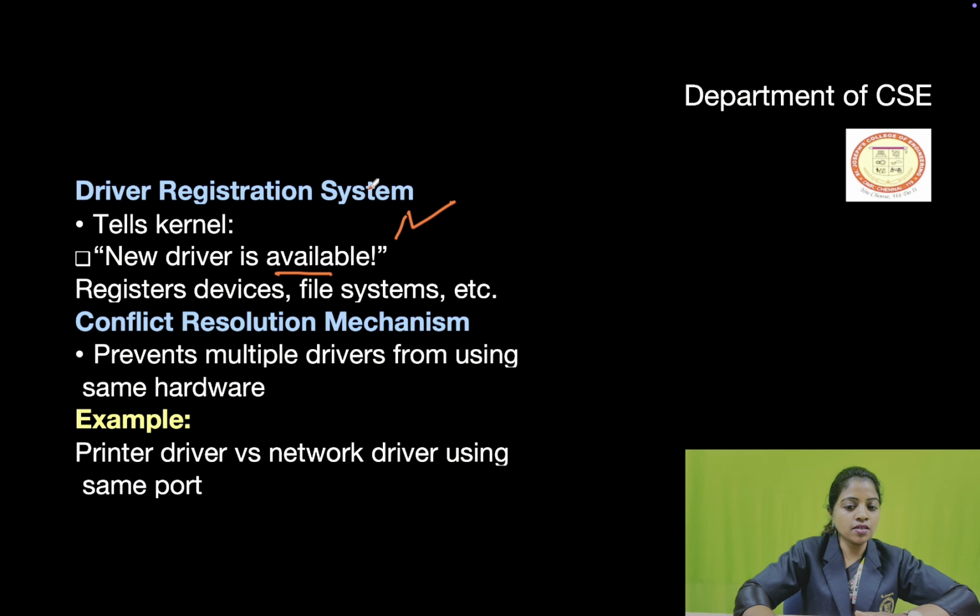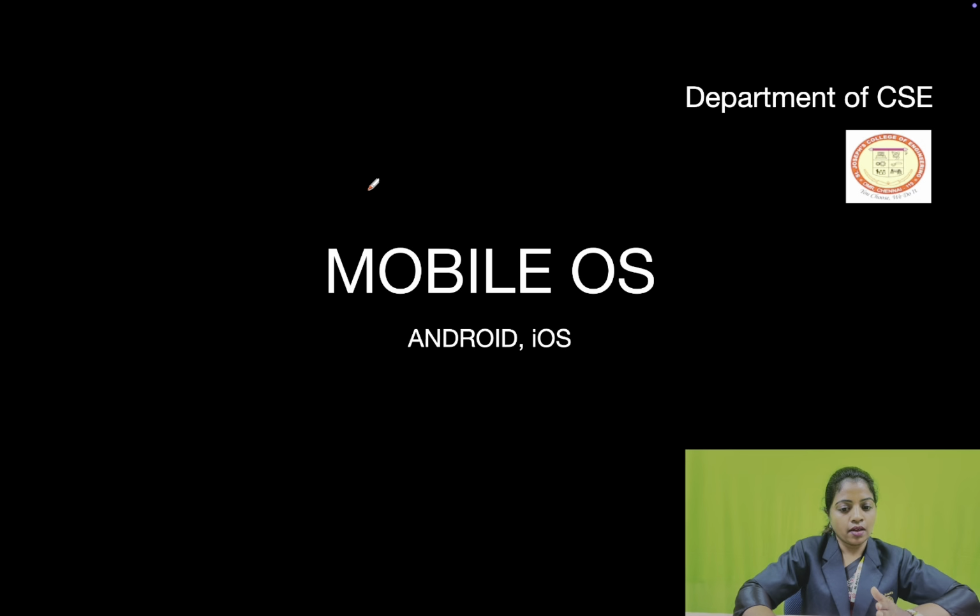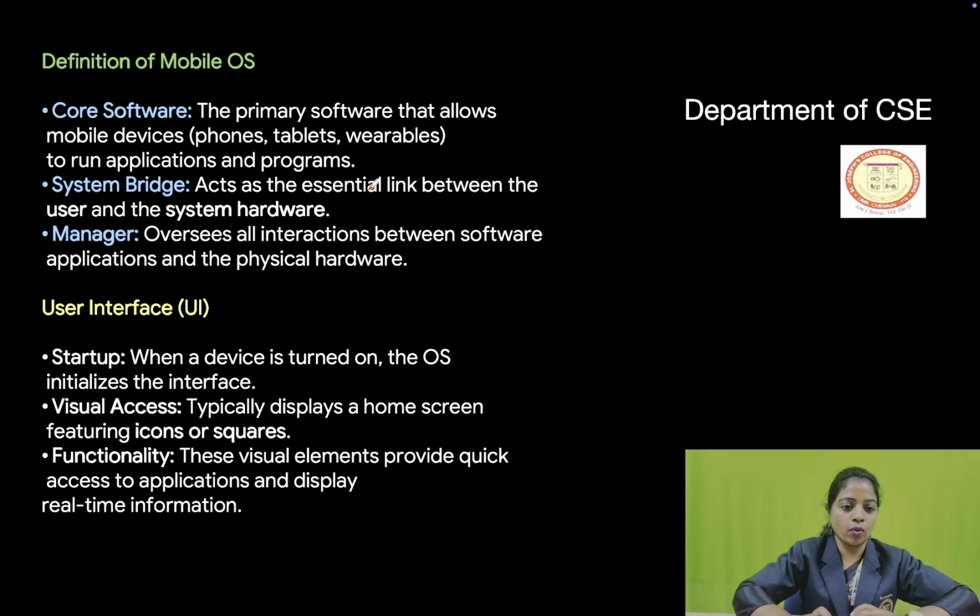The next topic is mobile OS, Android and iOS. First, the definition of a mobile OS: the primary software that allows mobile devices like phones, tablets or other wearables to run applications and programs.